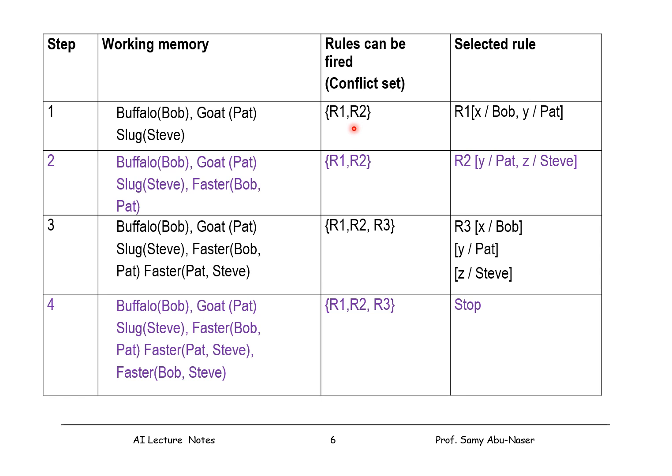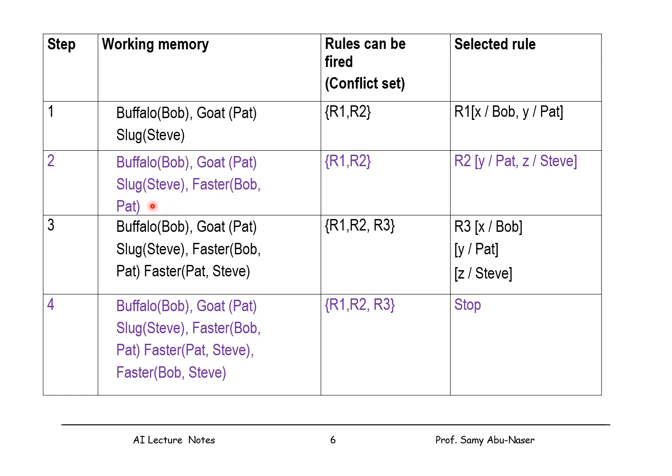We take R1 and substitute X for Bob and Y for Pat. Execute R1. The output: from previously in memory, buffalo Bob, goat Pat, slug Steve. The new thing we got is faster Bob and Pat. Bob is faster than Pat. This is from firing rule 1.